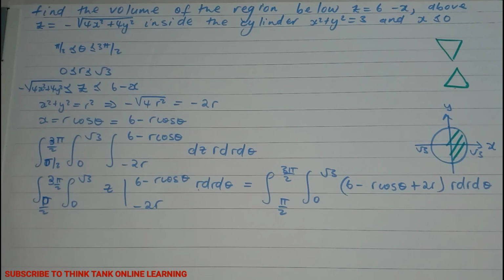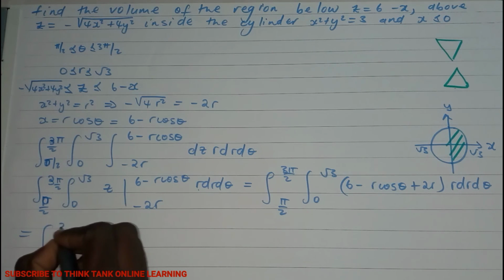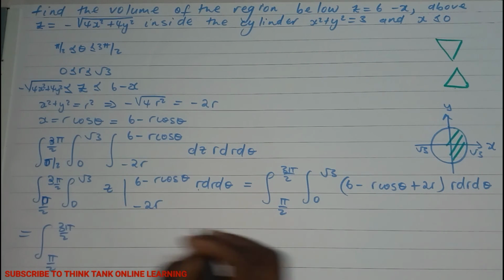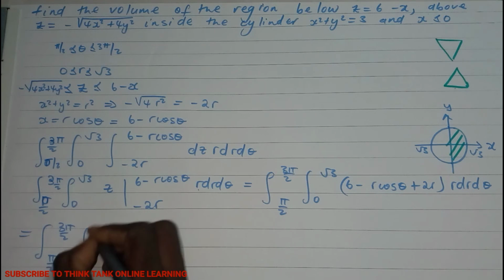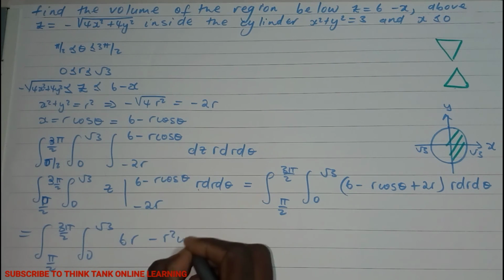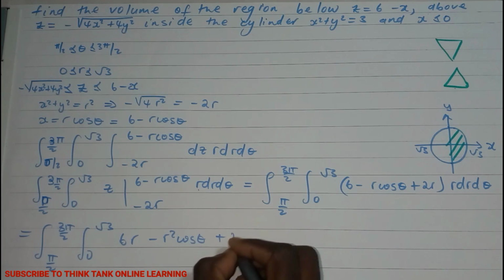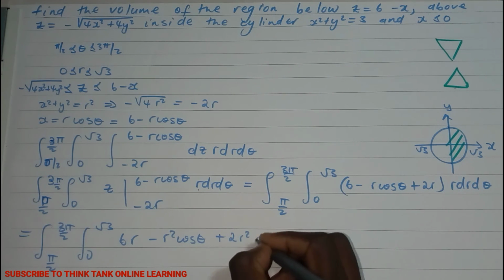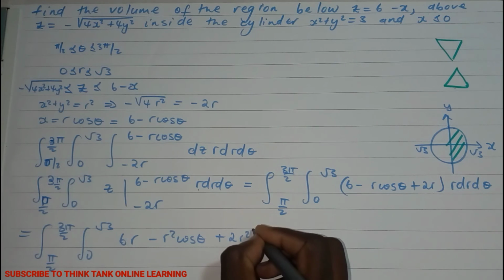What happens if we expand here? From pi upon 2 to 3 pi upon 2, 0 to root 3, I'm going to have 6r minus r squared cos theta plus 2r squared, dr d theta.